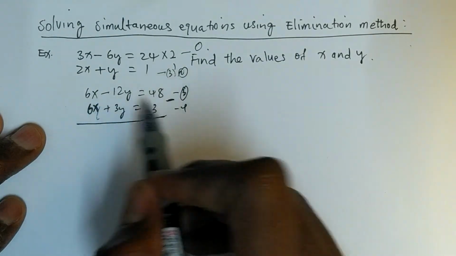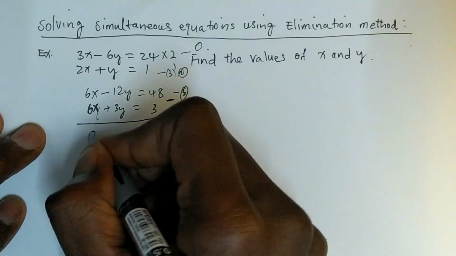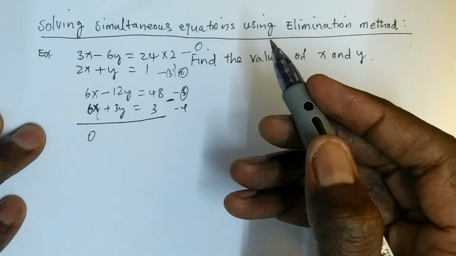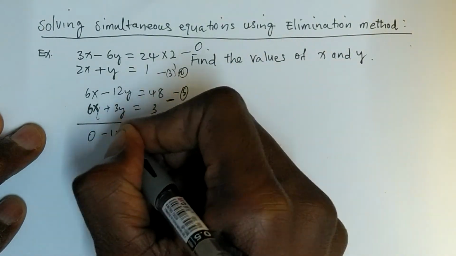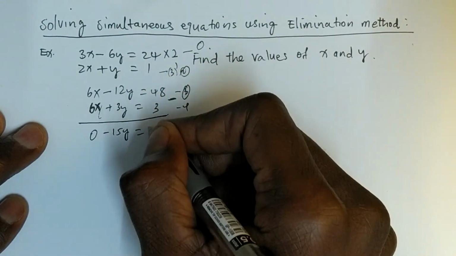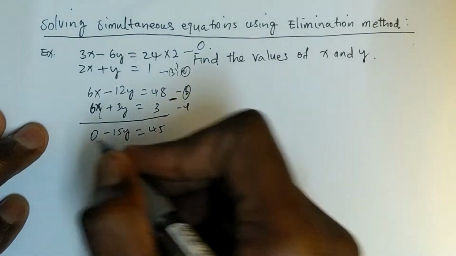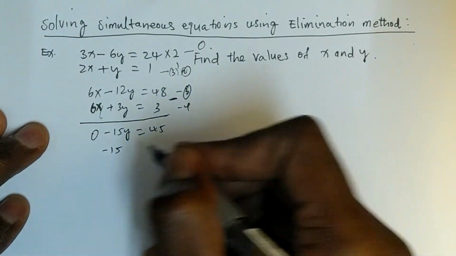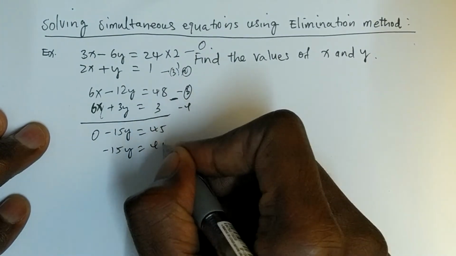This is going to be 6 minus 6, which is 0, minus 12y minus 3y will give us minus 15y, which equals 48 minus 3, which gives us 45. So 0 minus 15y is the same as minus 15y, which equals 45.